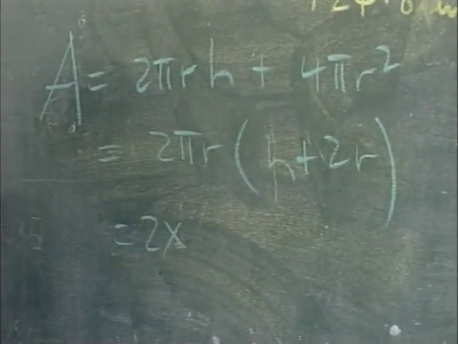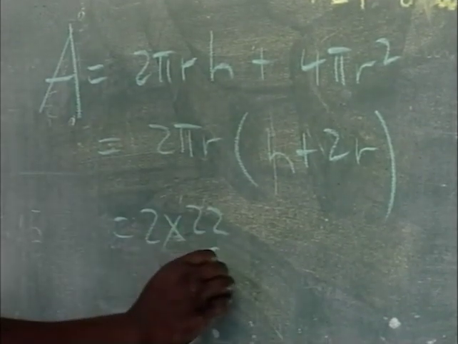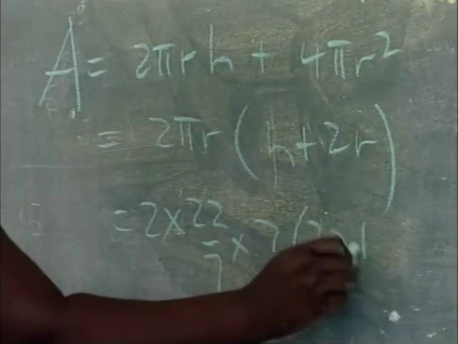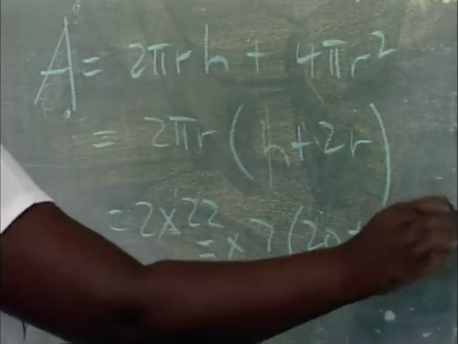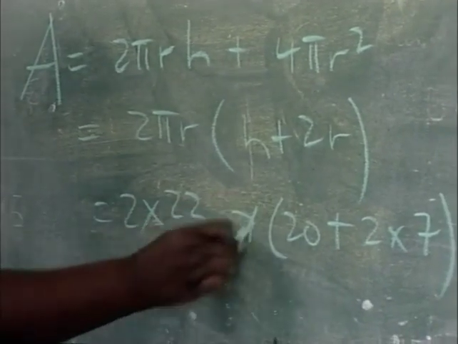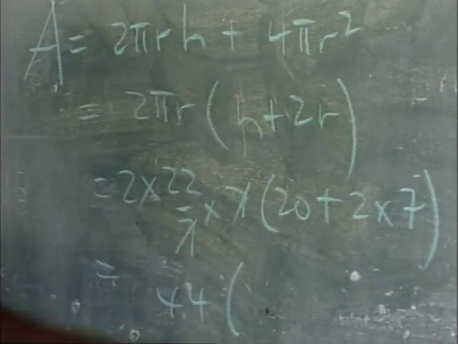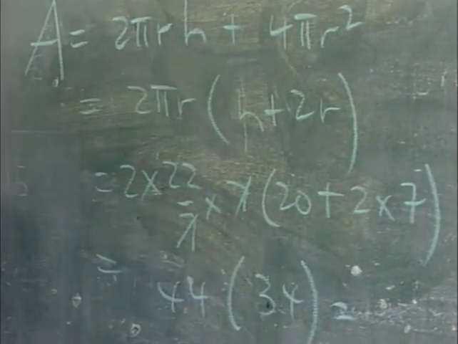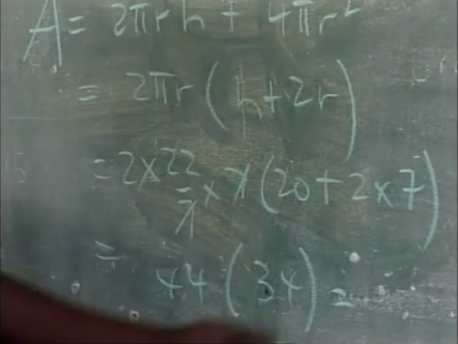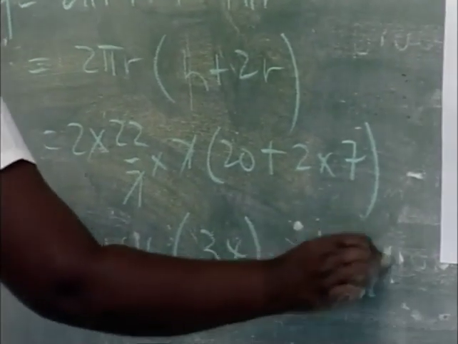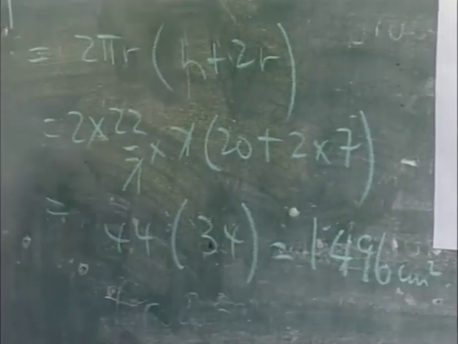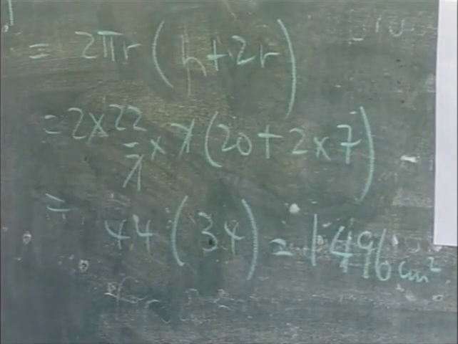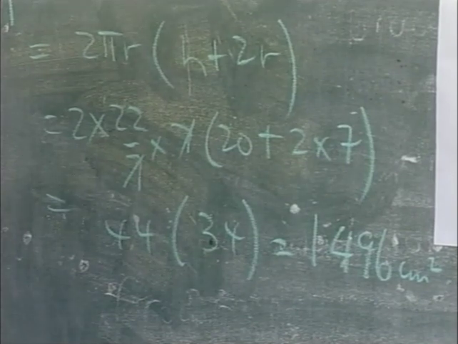So 2 times 22 on 7 times 7, h is 20, that's the length, plus 2 times r is 7. So I get 44 times 14 plus 20 is 34. 44 times 34 must be 1,496. Correct? Okay.